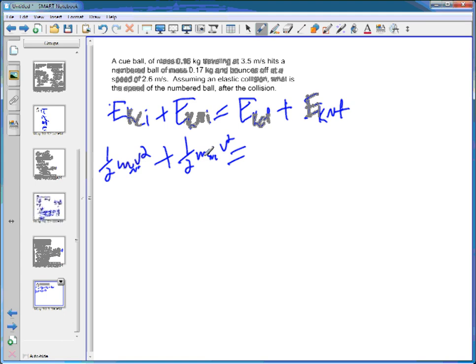You get the idea that they follow the same conventions: the cue ball initially, the numbered ball initially, the cue ball finally, the numbered ball finally. So I won't bother writing those subscripts in there. So 1/2 mv squared plus 1/2 mv squared.